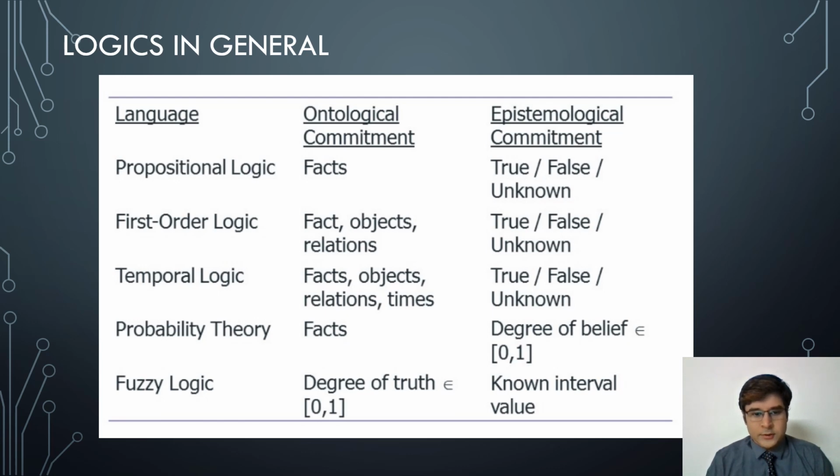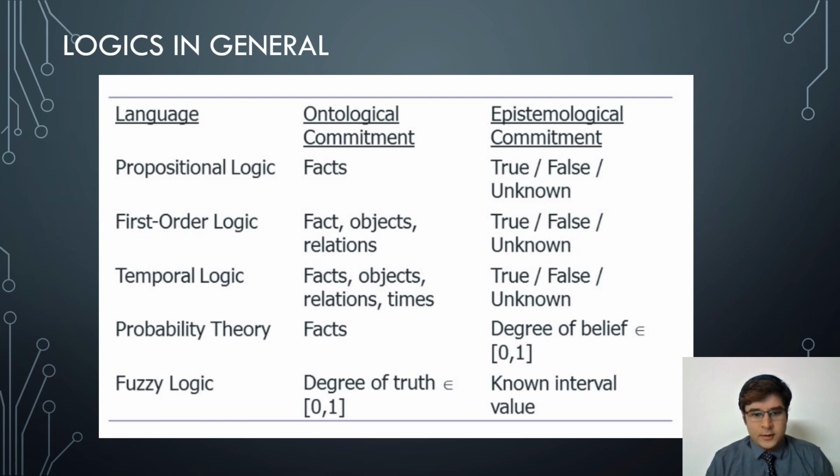This theory deals with a degree of belief on facts, and the degree of belief can be any value between 0 and 1. You know probability is always between 0 and 1, and the probability of a fact can also be termed the degree of belief, which is shown on the right side here. I will deal with probability theory in later classes again.